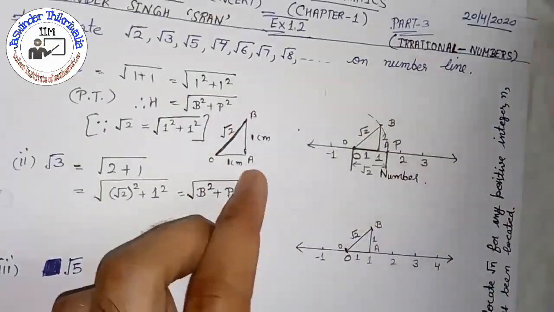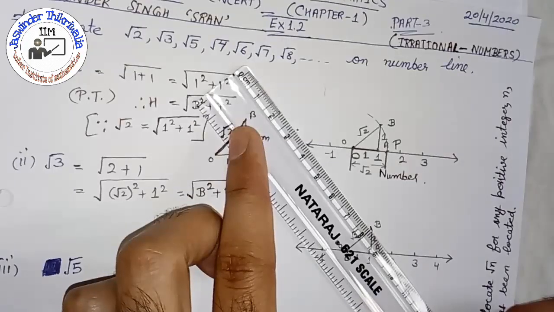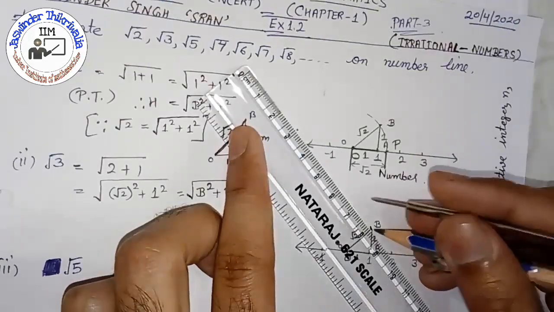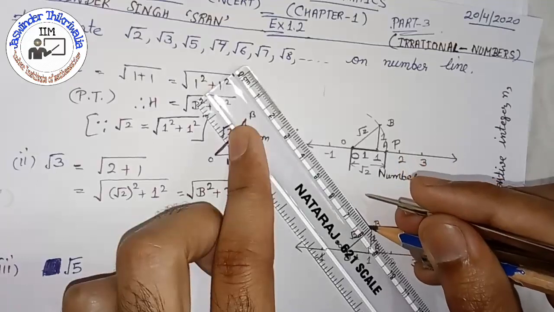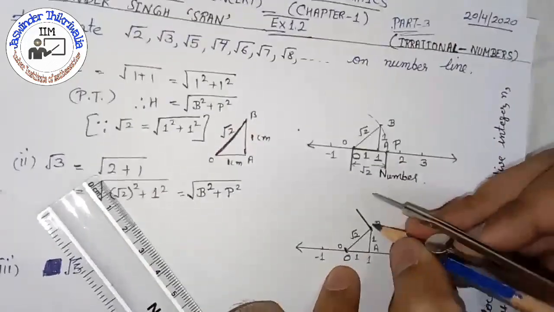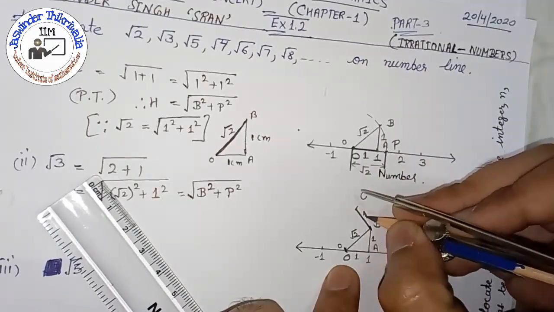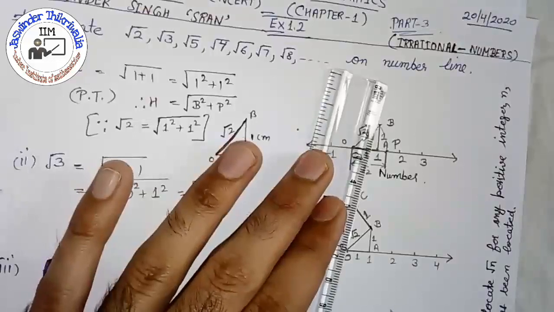Then from B we cut only 1 centimeter. Up to here it was the root 2 base. Take this point as C, and this perpendicular is 1 centimeter. Now join OC.